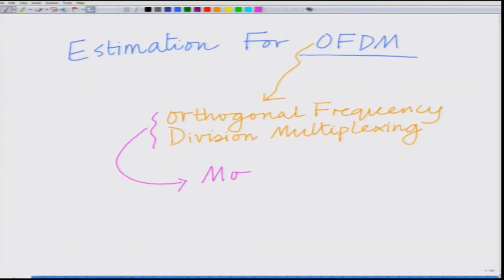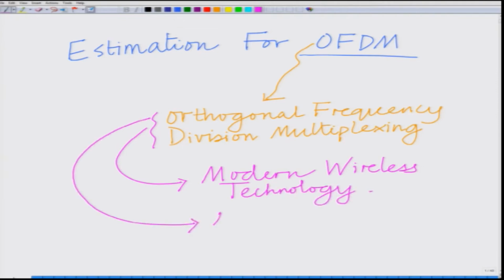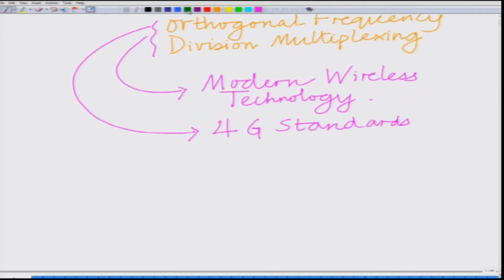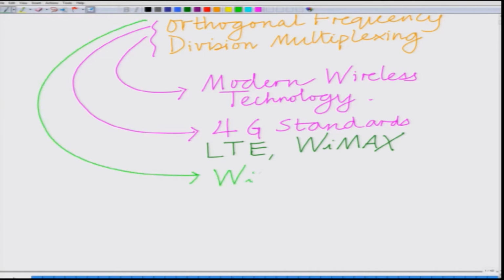OFDM is a very modern and very important technology. As you might all be familiar, OFDM is used in the 4G wireless cellular standards such as LTE, which stands for long term evolution, and WiMAX, and it is also used in the modern Wi-Fi standards such as 802.11n, 802.11ac and so on.